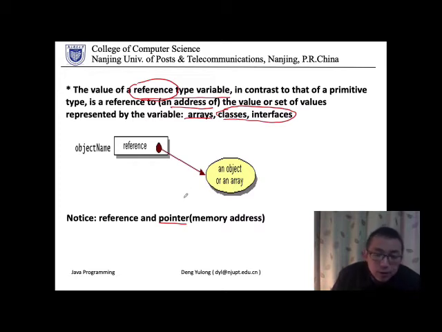It may be an integer value or a character or a function or something else in C. So we use pointers, this kind of variable. But in Java, we don't have this kind of variable. Instead, we have reference variables. That's different.